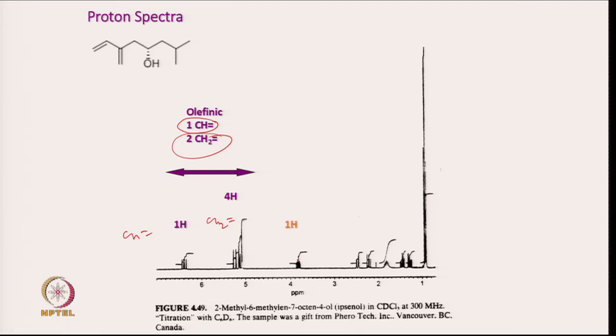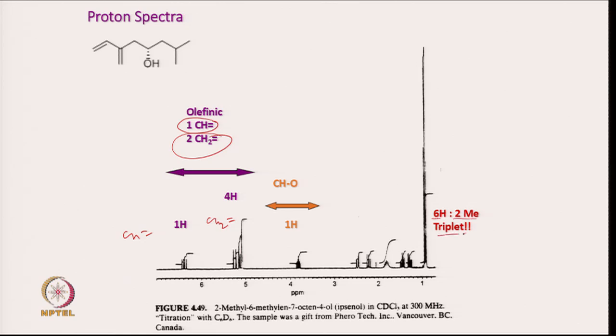Again by intensity ratio you can assign this to 1H, and this chemical shift region is your H attached to CO group. Then the intensity ratio here is quite high, it is like 6H.